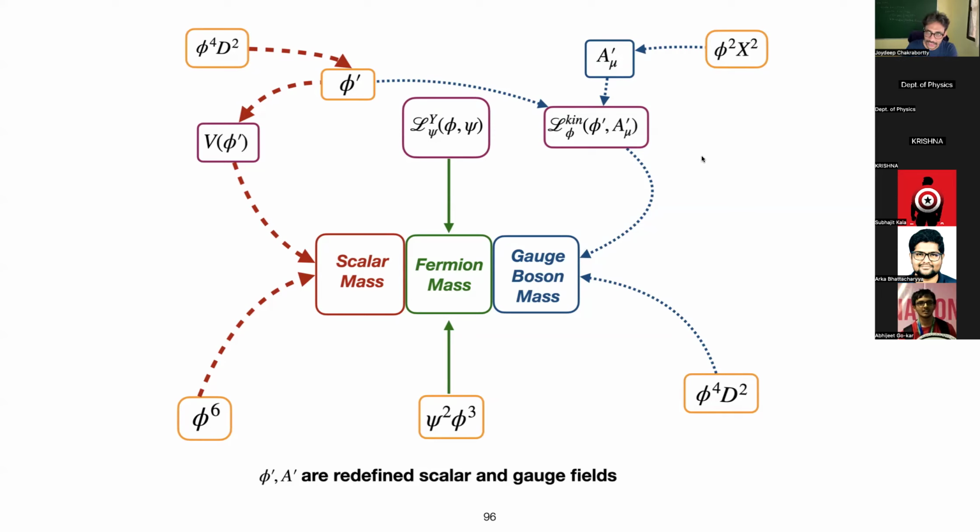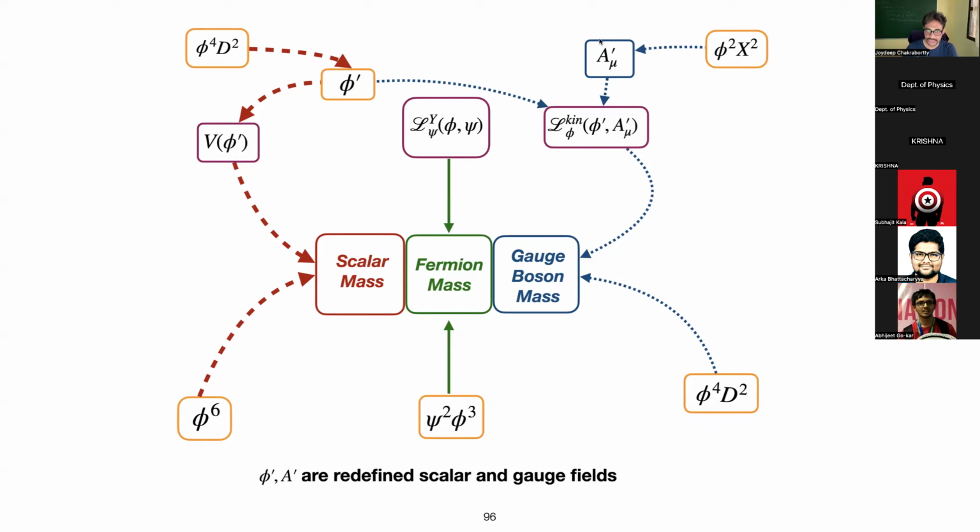On the other hand, there's another contribution you have to include: the phi square X square operator. This phi gets a vacuum value, so this is a modification in the kinetic term. The renormalizable kinetic term is X square, but this is an additional contribution to the kinetic term proportional to v square. Once you have the additional kinetic term, to bring it to canonical form you have to diagonalize the kinetic term again, and that's why you redefine your gauge field.